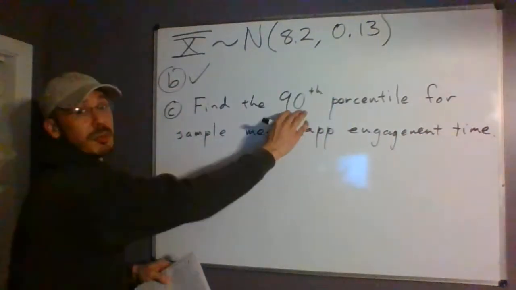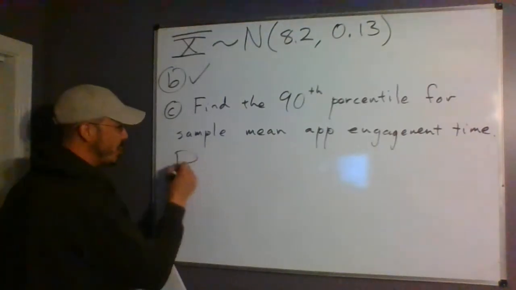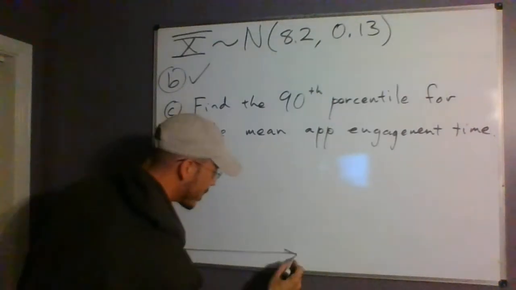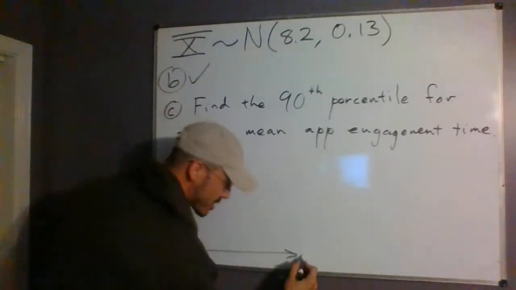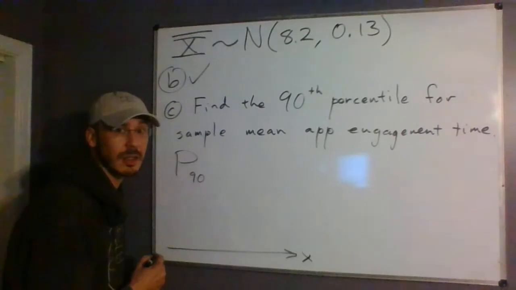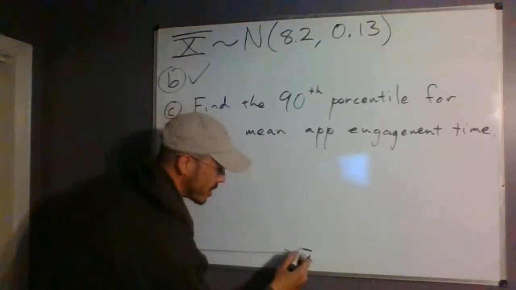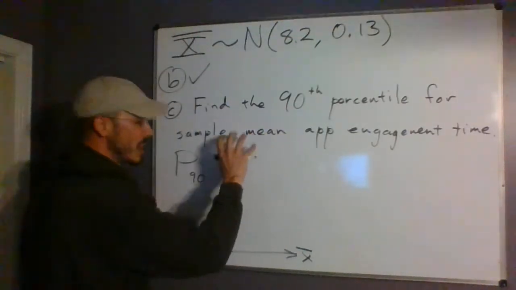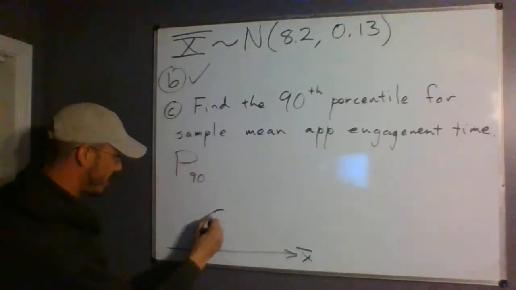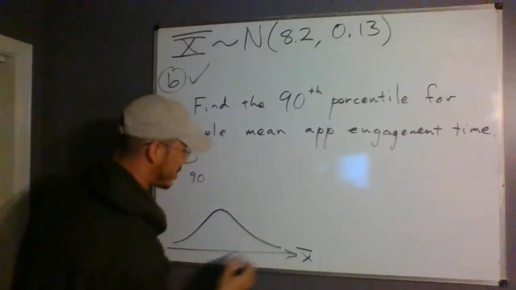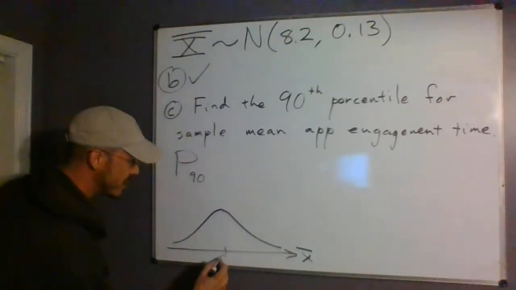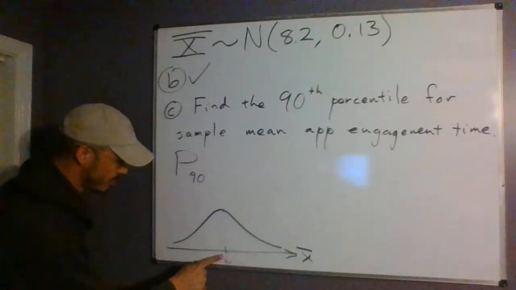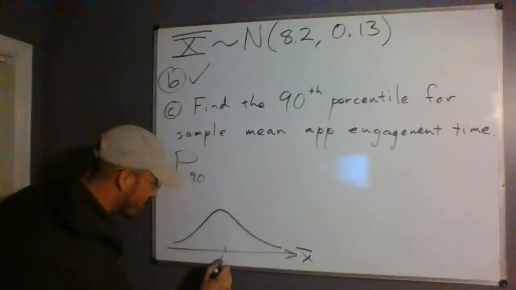Really, 90th percentile is what we're looking for, P90, in other words. It helps me to draw a picture, and again, since we're just getting started on this, I want to be careful to label that. Not the x-axis. I'm looking at the distribution of sample means here. Sample mean. It's normal, and the mean is 90. No. The mean is 8.2.